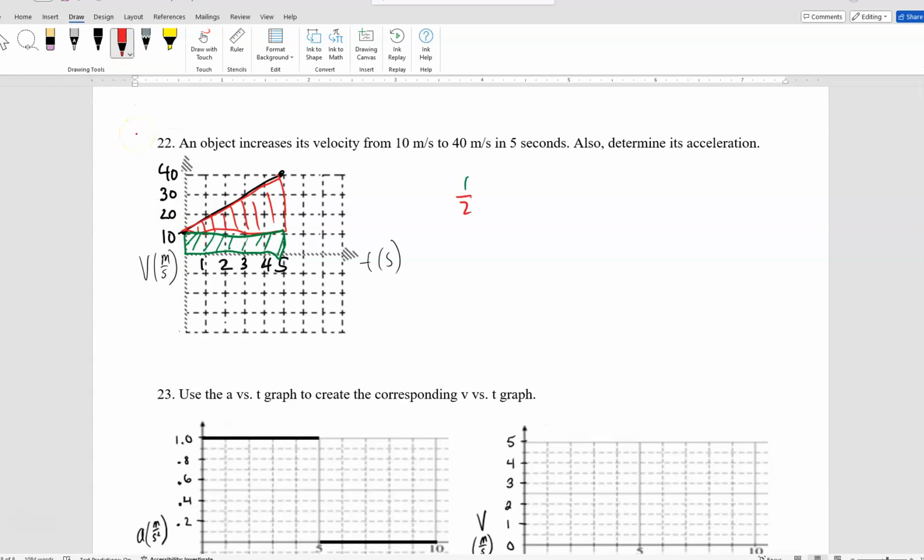So for this one it would be 1/2 base times height, so 1/2, my base is 5, my height is not 40 because it starts at 10, my height is actually 30. And then the green is base times height, so the base is 5 seconds and the height of that is 10.